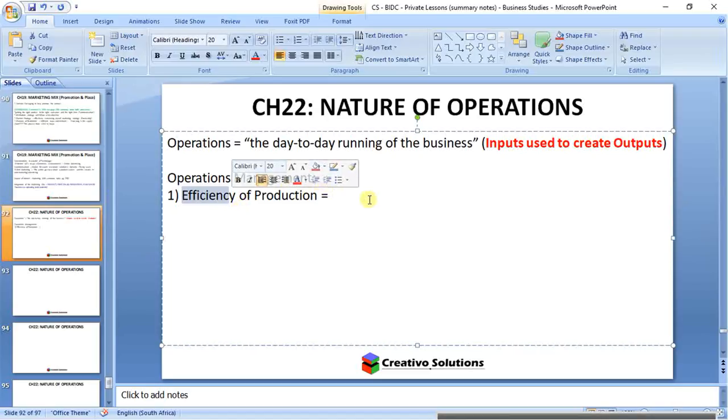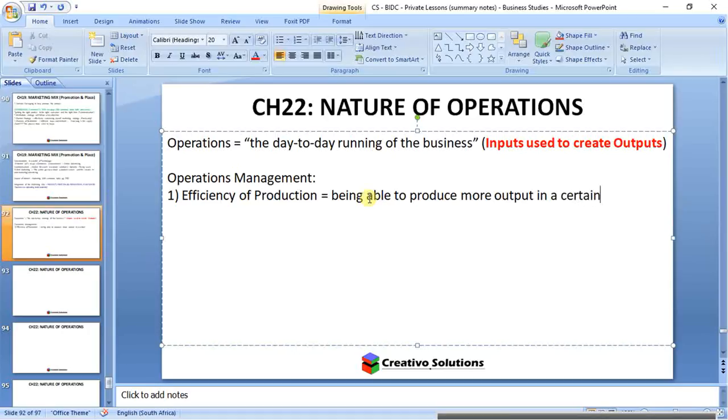So efficiency of production means being able to produce more output in a certain amount of time. That's important. I.e., how efficient is the bakery? Okay, I'm just going to use that example.